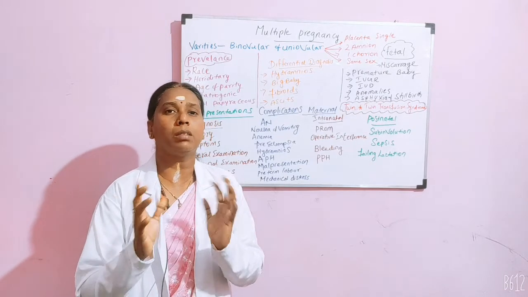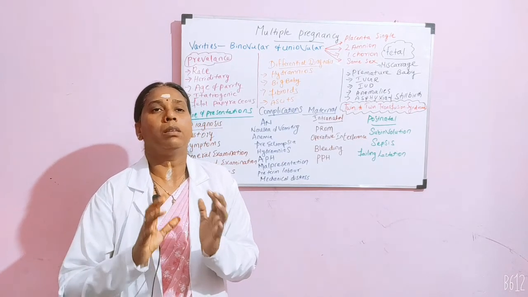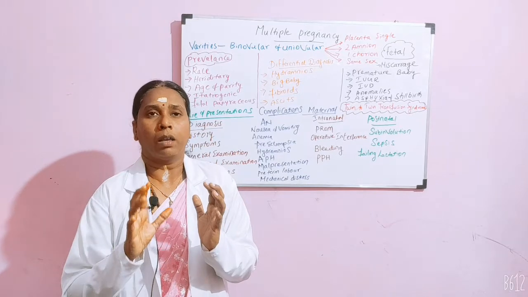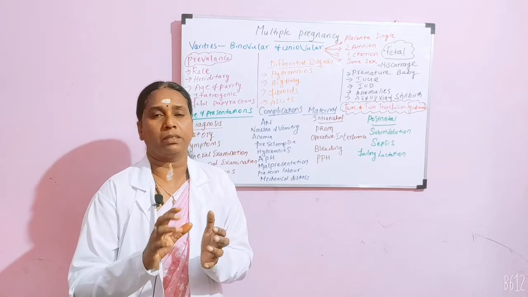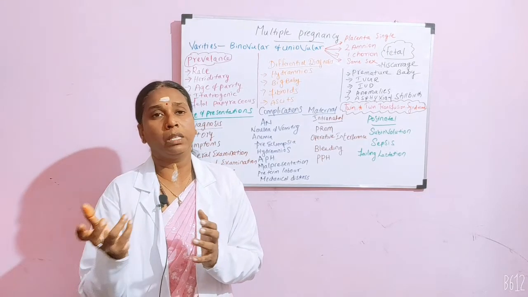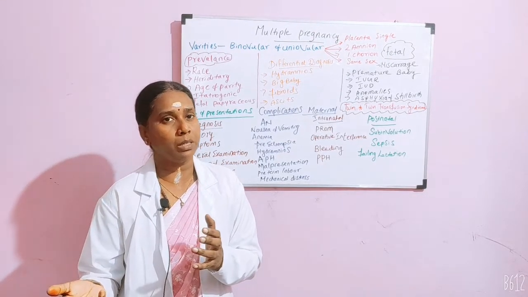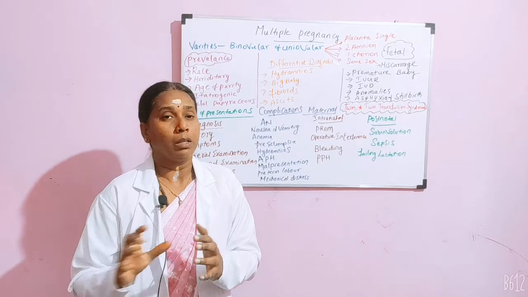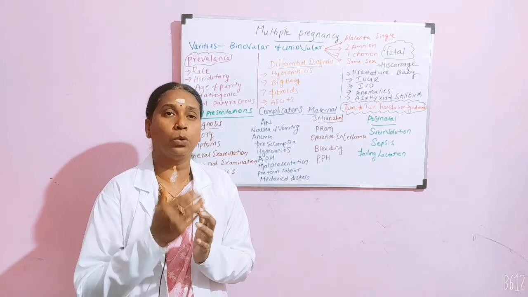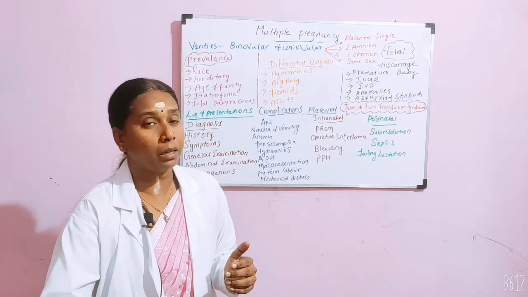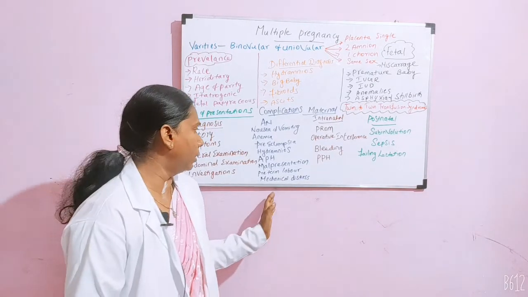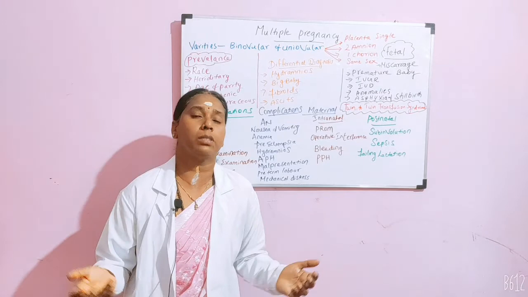All these things will be present, which the uterus cannot bear. It is more than its capacity. Normally by 40 weeks it would deliver the baby, but now the weight will be sufficient to terminate the pregnancy before that. So there can be preterm labor.